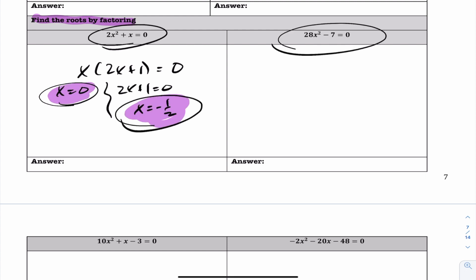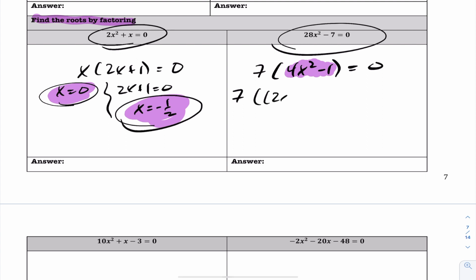Okay, let's continue on. Again, I have a quadratic that's not factored. You always want to look for a GCF. So I see a GCF here of 7, so I'm going to factor that out first. 28 divided by 7 is 4, so I get 4x squared minus 1 is 0. Inside the brackets here, we can continue to factor this using difference of squares.